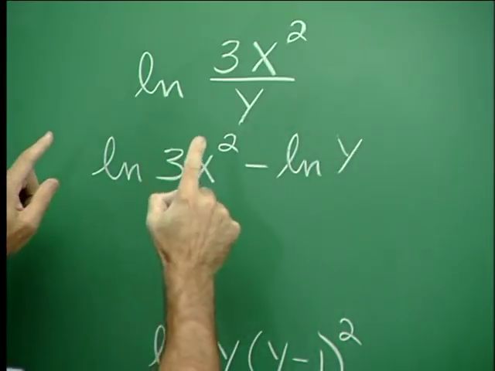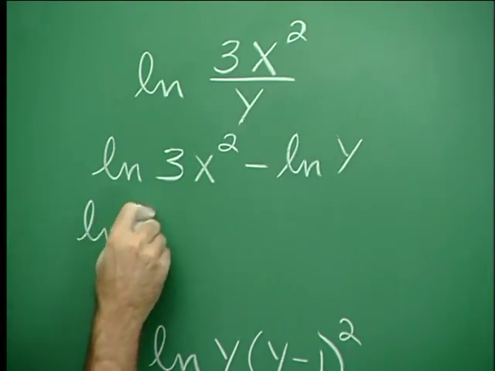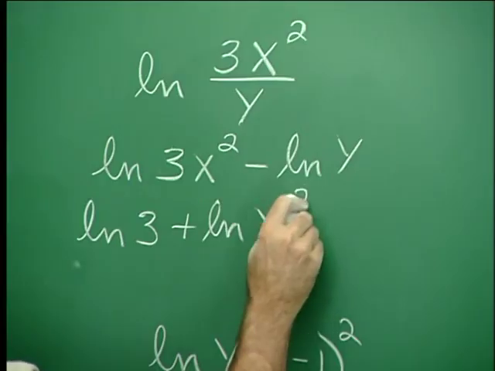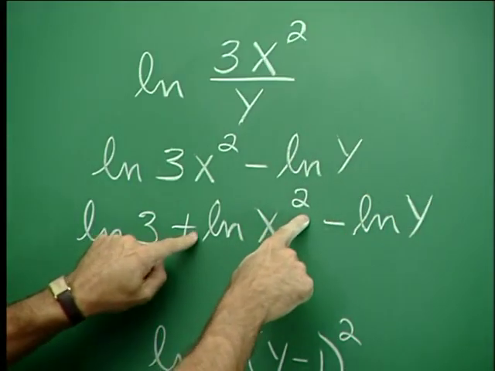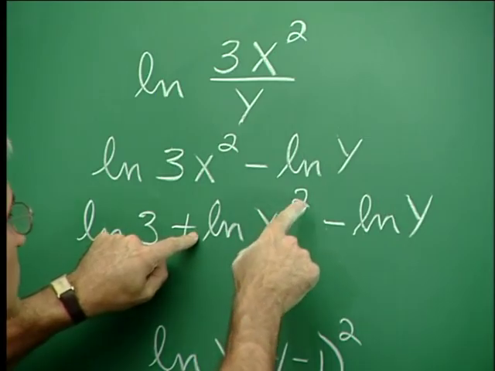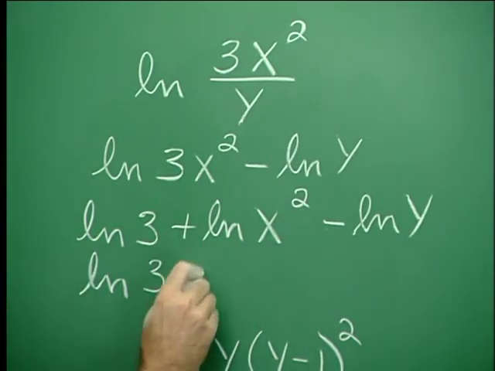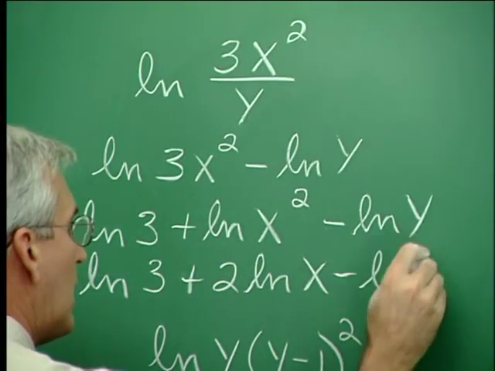Now we see we have the logarithm of a product. So this becomes ln 3 plus ln x squared, and I'll bring down minus ln y. Oh, but here we can use the power property to write 2 as the coefficient, so this becomes ln 3 plus 2 ln x minus ln y.